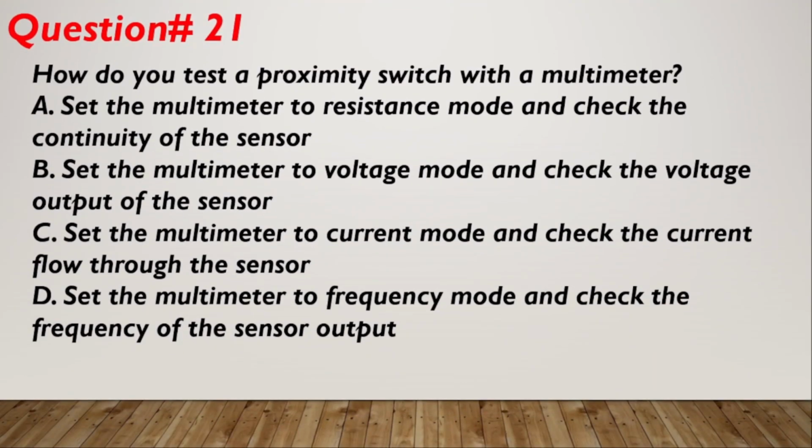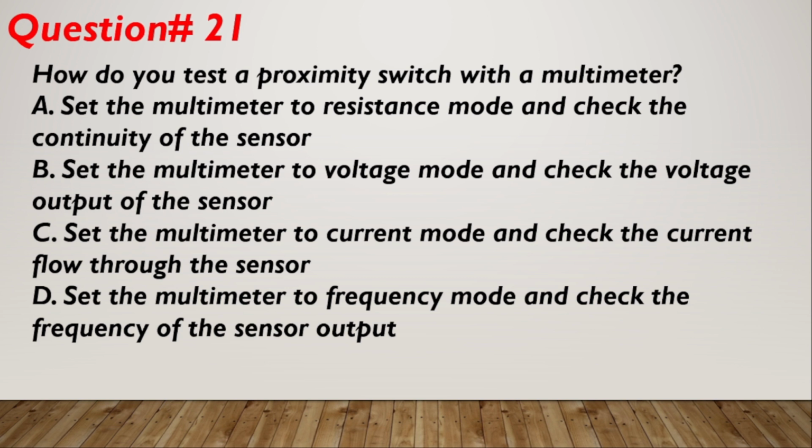Question number 21. How do you test a proximity switch with a multimeter? A. Set the multimeter to resistance mode and check the continuity of the sensor. B. Set the multimeter to voltage mode and check the voltage output of the sensor.